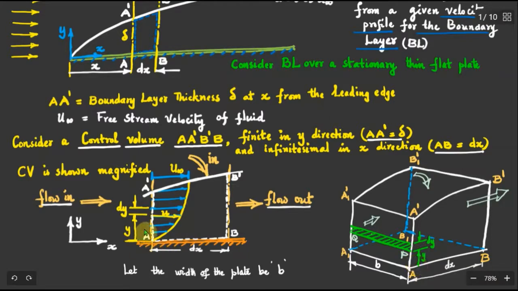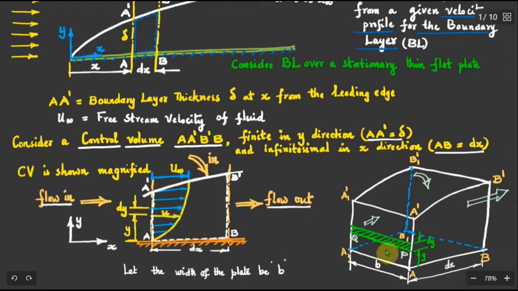And at a distance of y, as you can see in this velocity profile, the velocity increases from 0 at the solid surface to the free stream velocity just outside the boundary layer. On the boundary layer edge, this velocity vector represents 0.99 times u infinity. So at a distance of y, let the velocity be equal to small u.